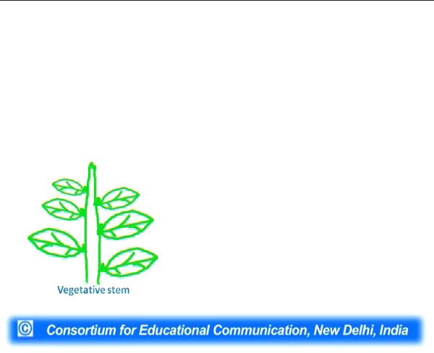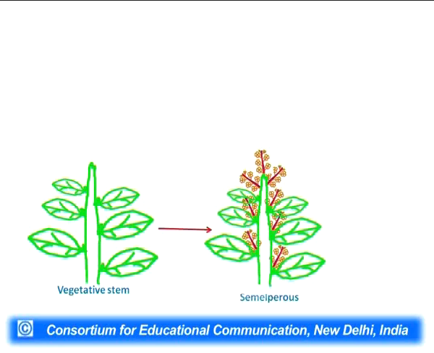This is a vegetative stem, and in some annual plants like mustard, rice, wheat, all the axillary buds over here are giving rise to inflorescences.